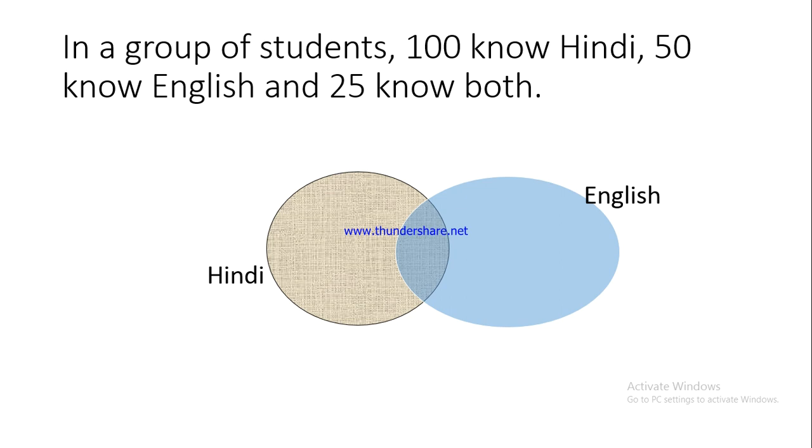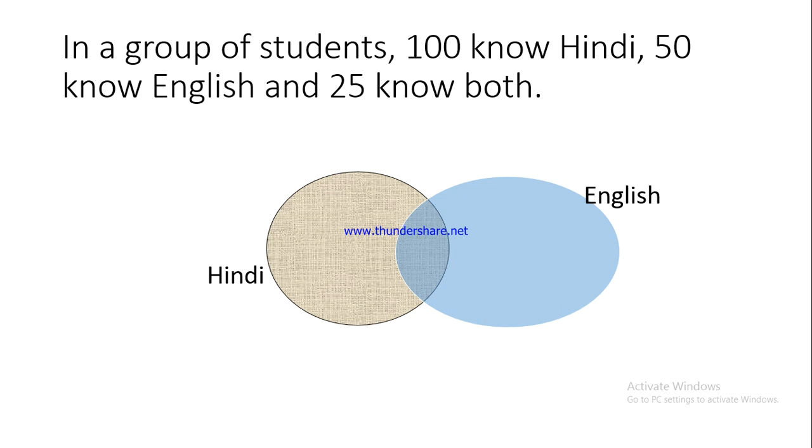Now just a slight digression. It may so happen that in some cases the overlap area is equal to 0, which means there is no student who knows both Hindi and English. The overlap area is 0, which means there is no overlap between Hindi and English circles, which means no student knows both Hindi as well as English.